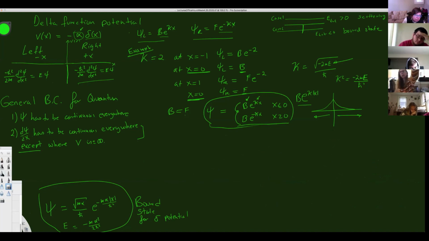Okay. All right, so this potential, let's look at the infinite square well. That had infinitely many psis that look like this.